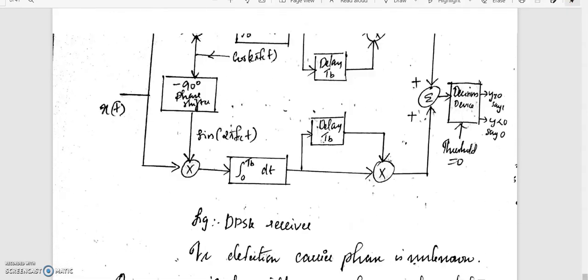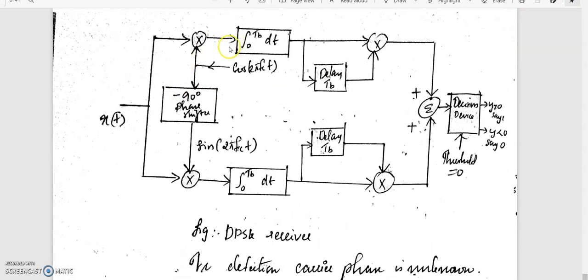Now you refer to the block diagram. I take the in phase component and the quadrature phase component of your received signal. For the in phase component, I have cos 2 pi fct; similarly, I get the quadrature phase component. I have the integrator and get the output. Then for the in phase component, I give a delay tb. So what I get at the multiplier is the in phase component at time tb, and again with delay tb, the in phase component at time 2tb.